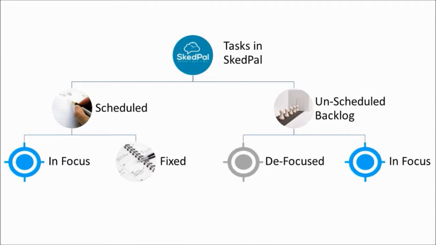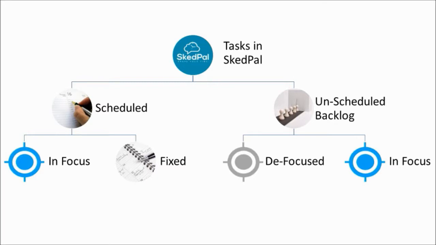So it put it back on the shelf, back into the unscheduled backlog, and says, can't schedule it, but in the future, obviously it's not a high priority, but we'll pull it off the shelf, and then someday will come at some point. But SkedPal has not forgotten the task. It's just that it can't fit this particular task in its 3-week horizon.